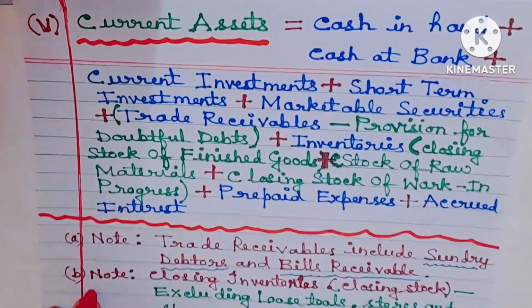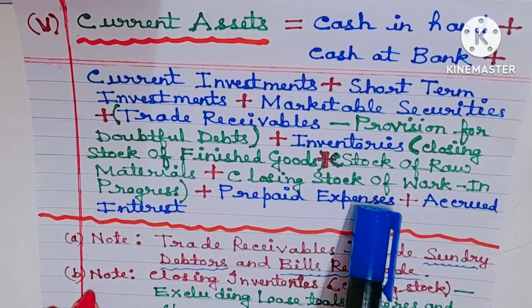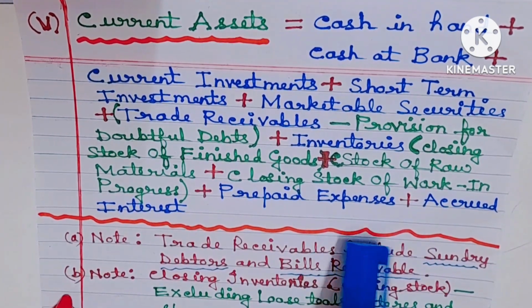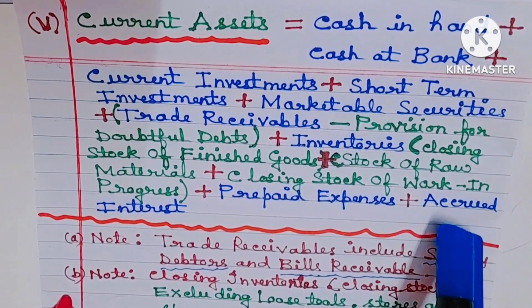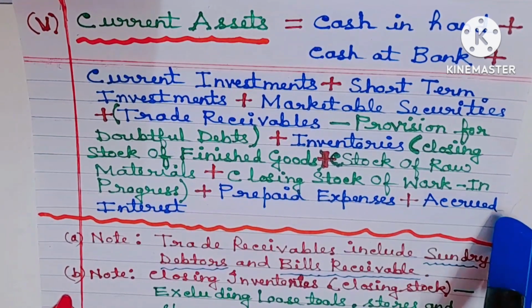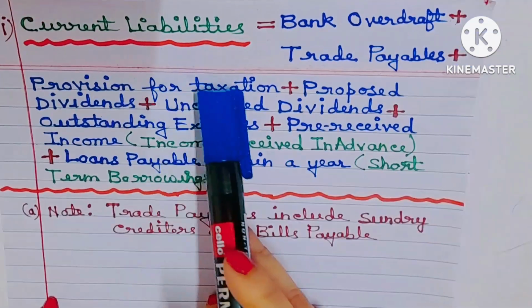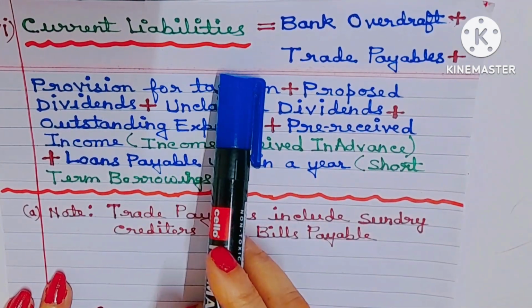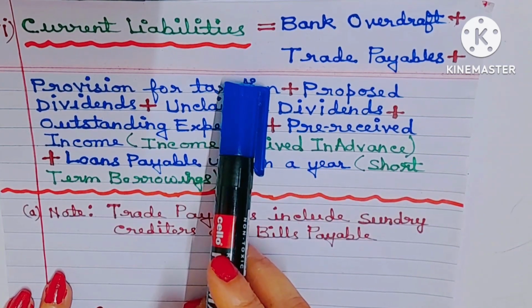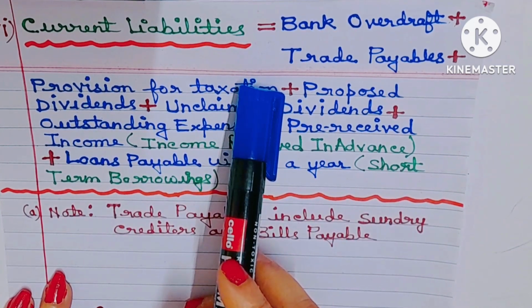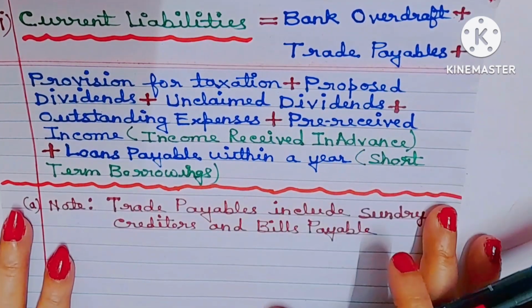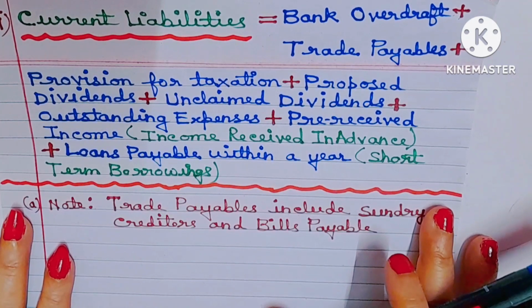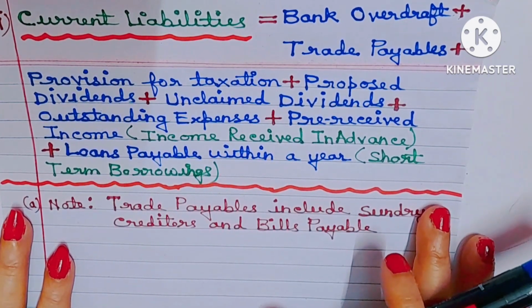Examples of current assets are cash in hand, cash at a bank, current investments, short-term investments, marketable securities, trade receivables, closing stock, prepaid expenses, accrued interests, etc. Okay? Now, what is current liabilities? Current liabilities include those liabilities which are repayable in a year's time. Okay? Understood?